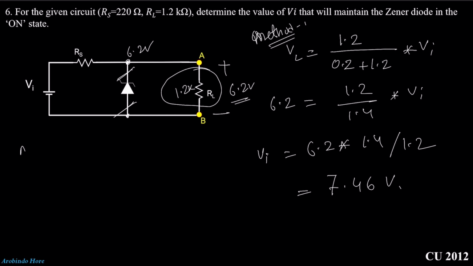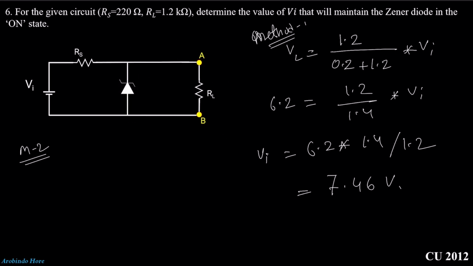Okay, method 2. This is 220 ohm, this is 1.2k. Here this potential is 6.2 volt. Here they didn't provide us the current, right? That means we can assume that Iz minima is 0 milliampere. Here the current will be IL.